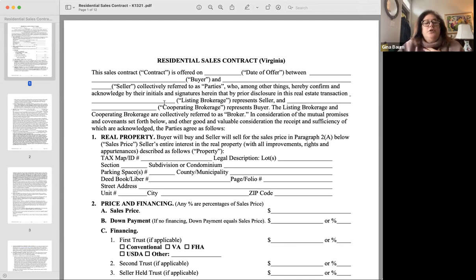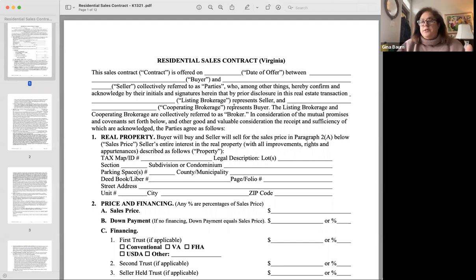Okay, so this is where you're going to put the listing brokerage and the buyer brokerage. The listing brokerage and the cooperating brokerage are collectively referred to as the broker. So when you see the word broker throughout the contract, they don't mean me, Gina Baum, your broker in Alexandria. They're referring to the brokerage in this agreement.